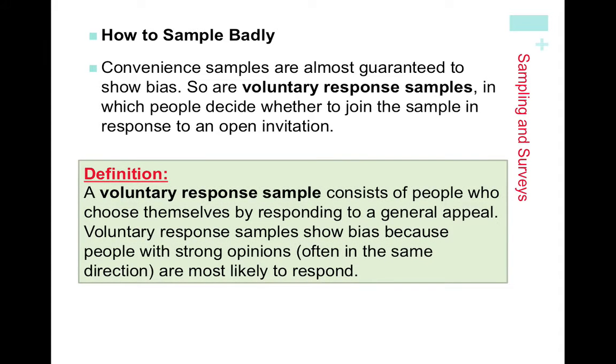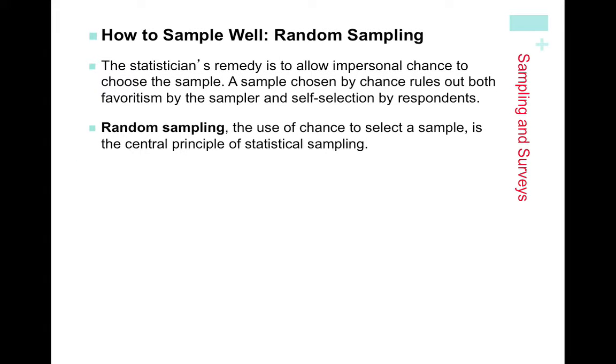Voluntary response samples are ones in which people choose to respond themselves, and they're usually biased because people with strong opinions respond. So anytime you see an internet poll, like if you go online and just want to respond to it, then you're doing a voluntary response sample.